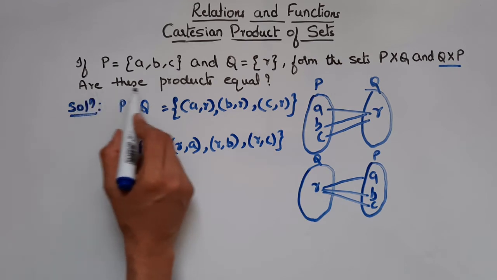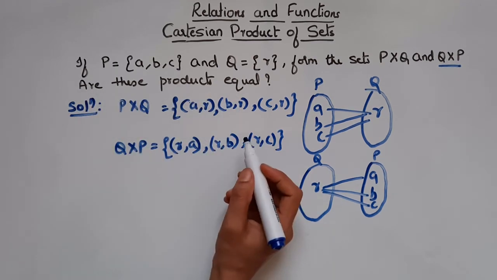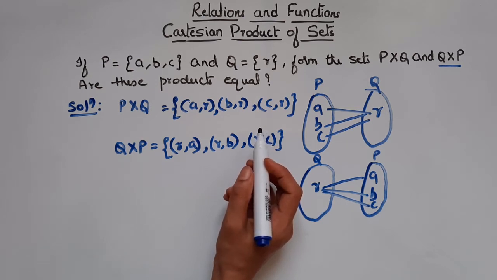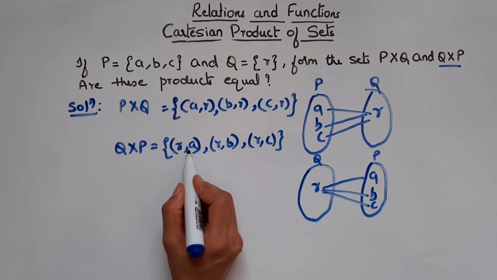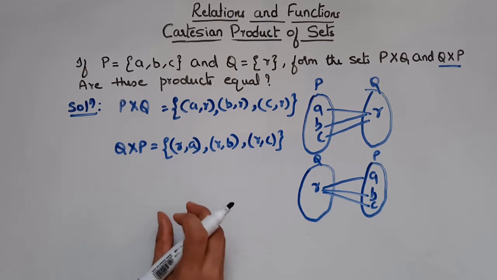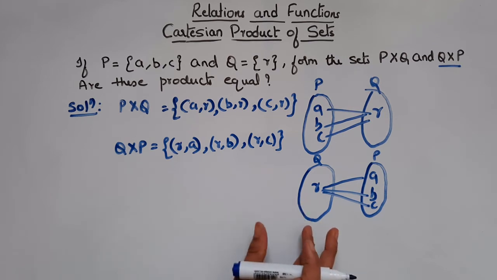And they have asked, are these products equal? Are these pairs equal? They are not. We know by equality of ordered pairs, here pair A comma R is not equal to R comma A. We know they are equal only when the corresponding first elements are equal and the corresponding second elements also are equal.